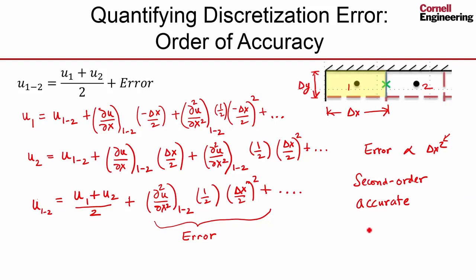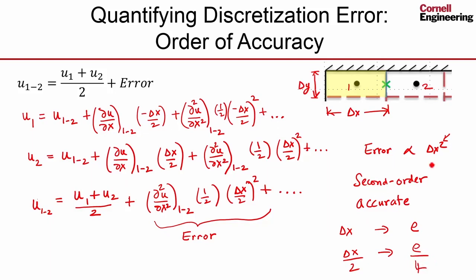And what that implies is that, let's say I use some value of delta x and I get an error, let's say the error is some value e, and if I use a new mesh that's half the old mesh, in a second order scheme, my error is going to go down by a factor of 4.